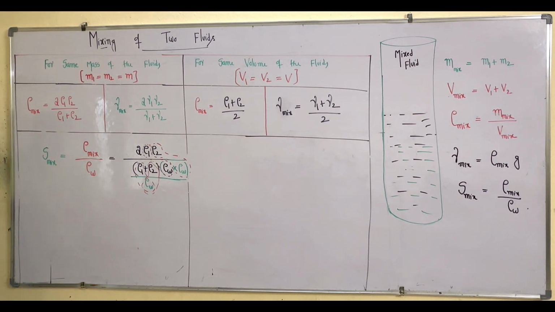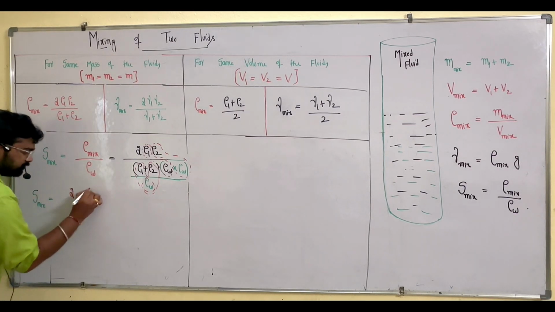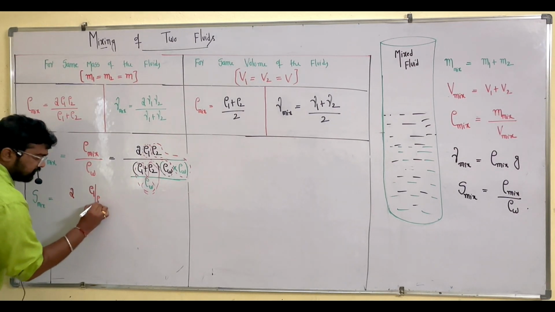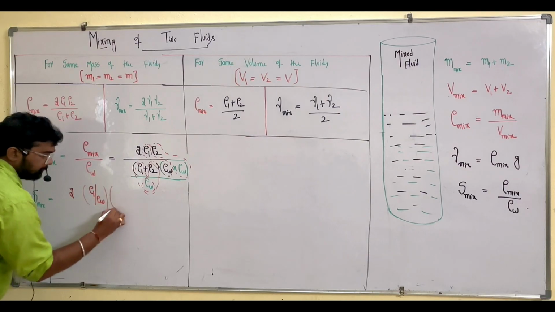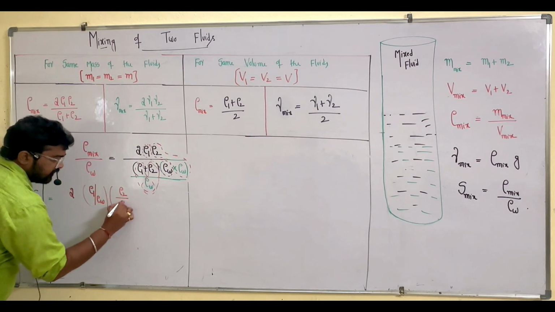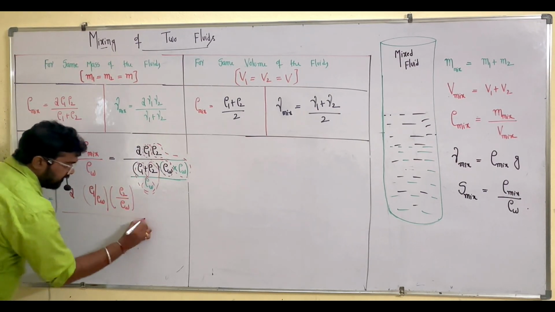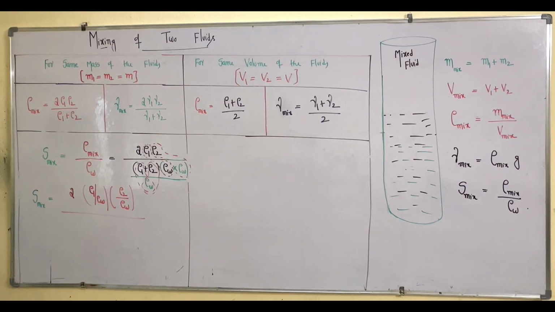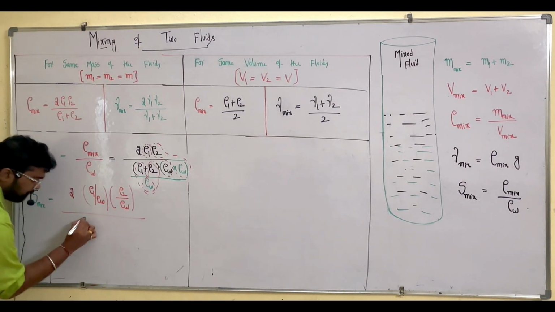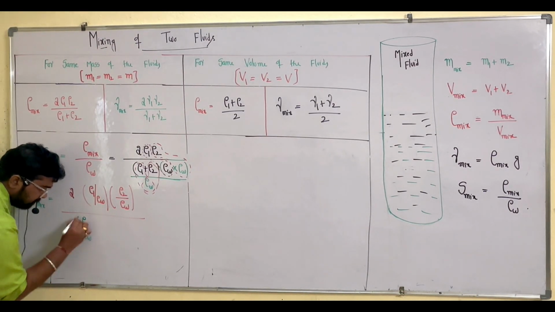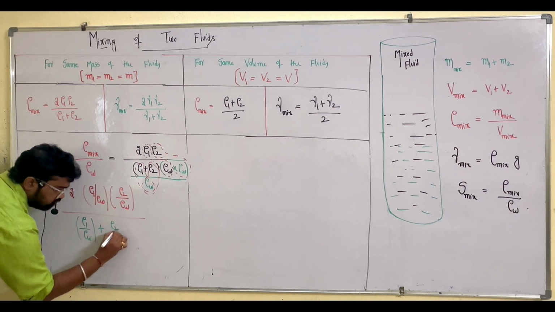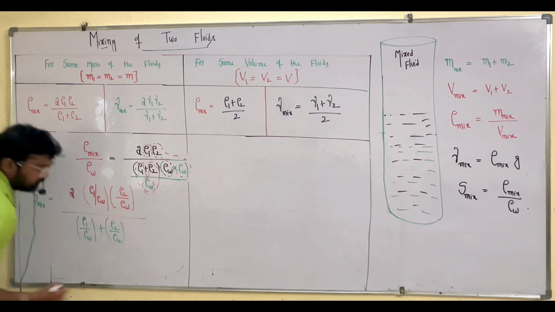నౌ టెల్ మీ S mixture equal to how much you are getting? 2 times of rho 1 by density of the water, rho 2 by density of the water, by rho 1 by density of the water plus rho 2 by density of the water.